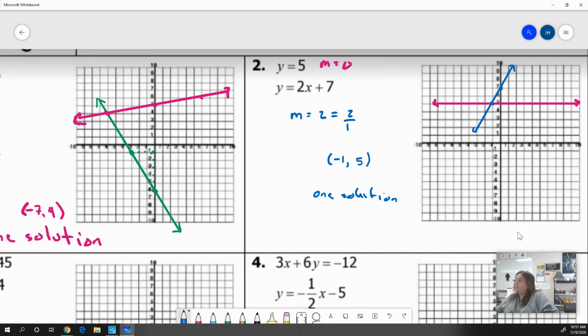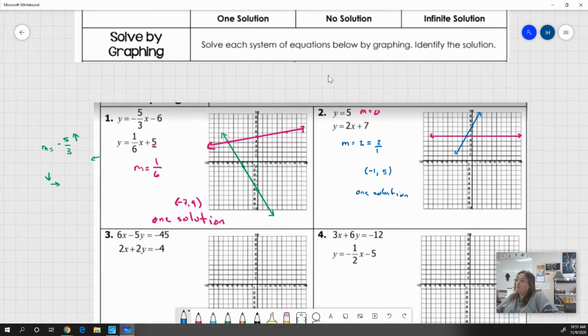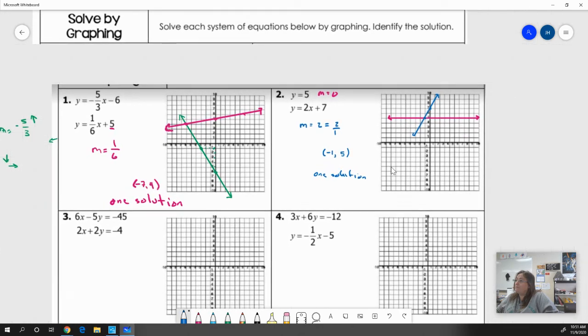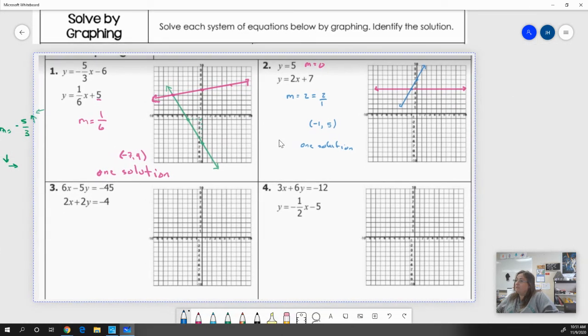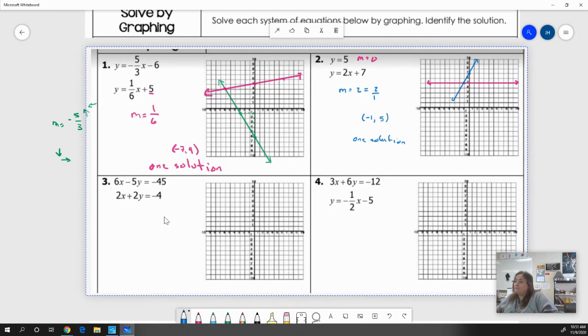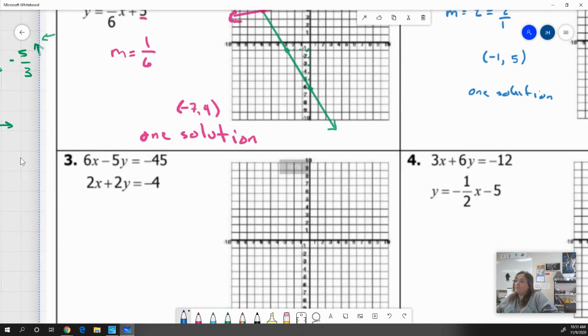Let's look at some of these other problems right here. I'm going to come down to question number 3. Look, I've moved my graph around so much that everything's in a weird spot. So let's go right here.